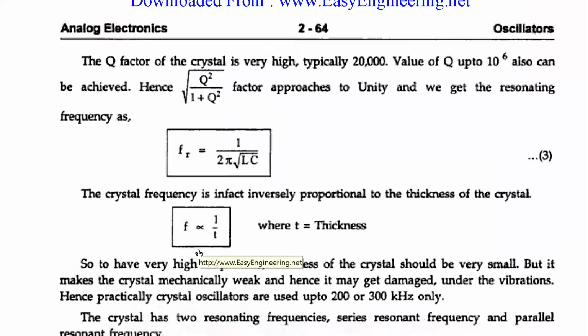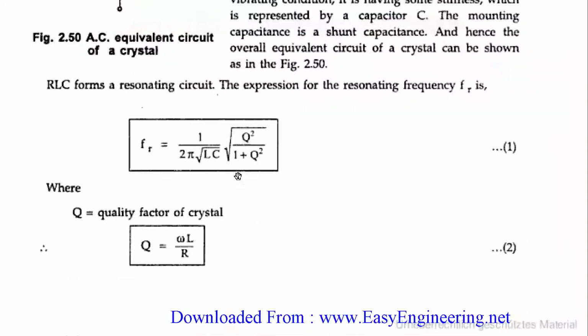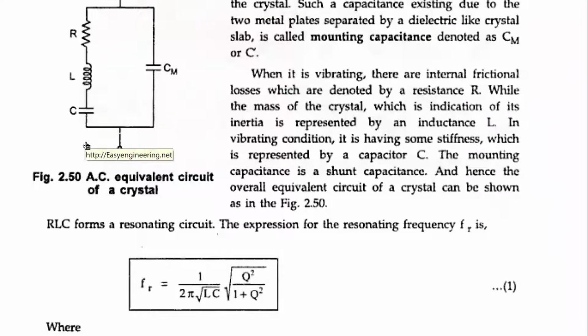Even practically, Q is a large value, so we can still consider the series resonant frequency as 1 by 2 pi root LC.